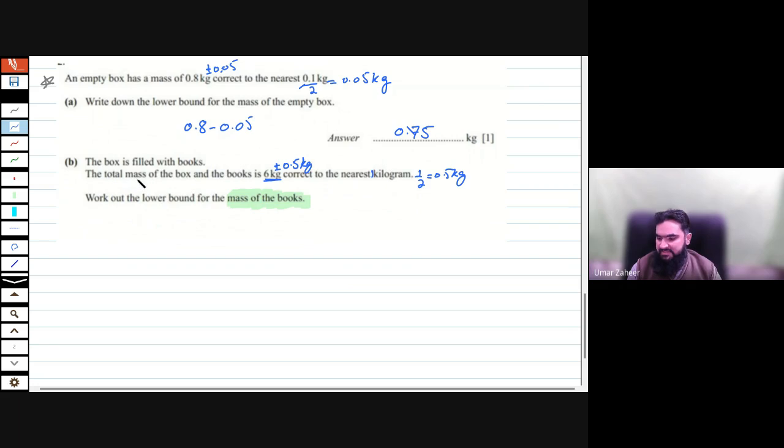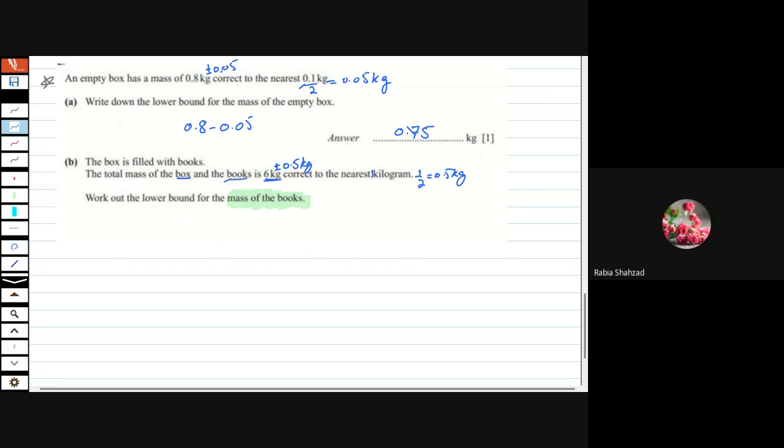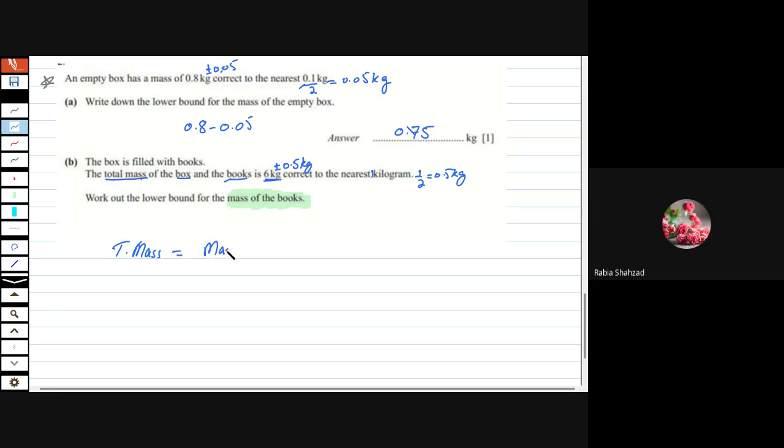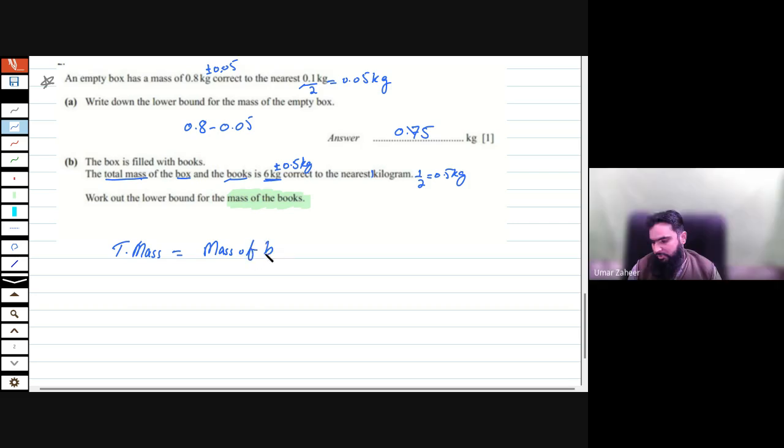The total mass is equal to the mass of the box plus the mass of the books, right? First of all, I'm going to write a simple formula: total mass is equal to mass of box plus mass of books. It is given here.